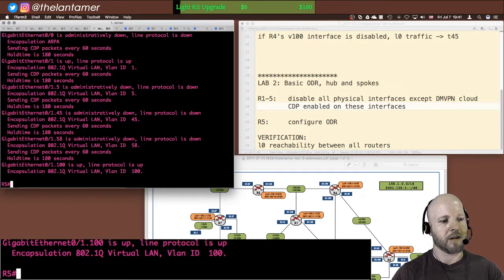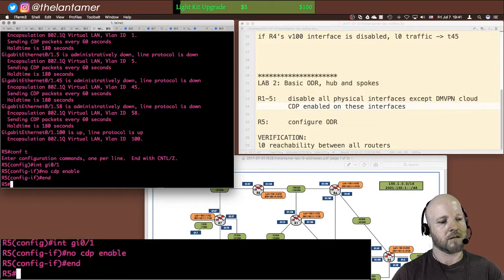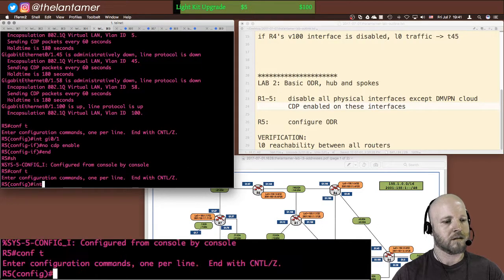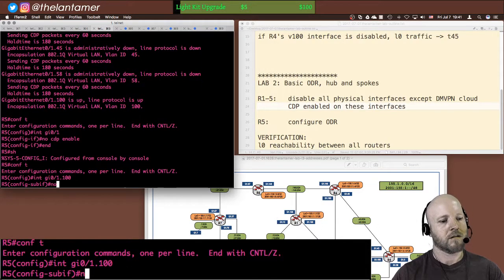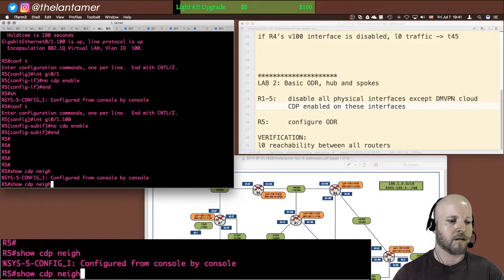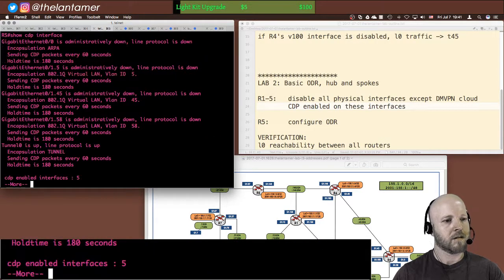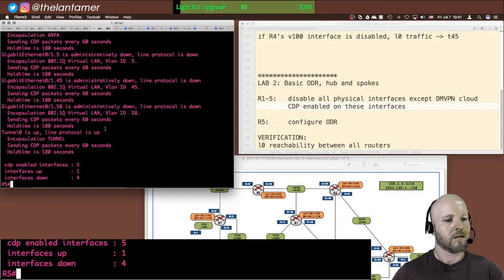Still sending CDP packets. Okay, interface is up 1, and that's tunnel 0.